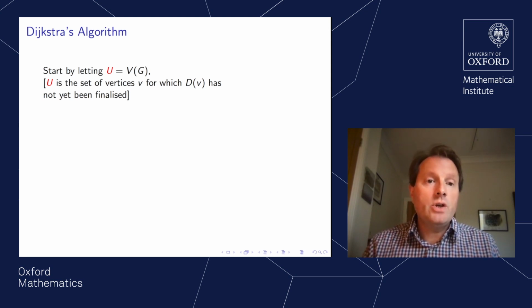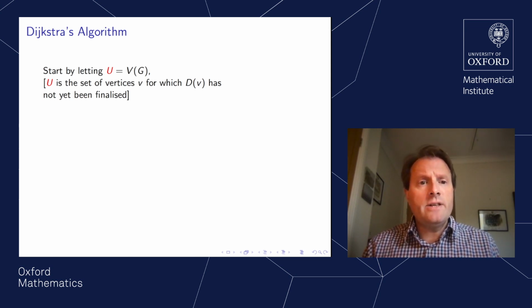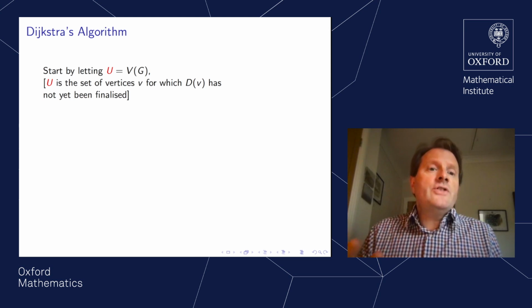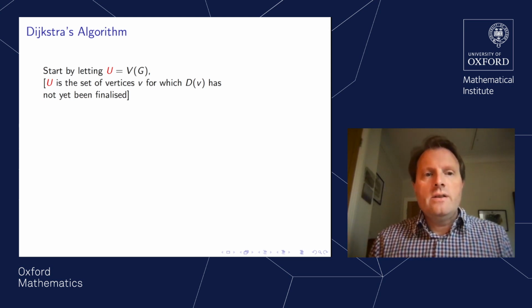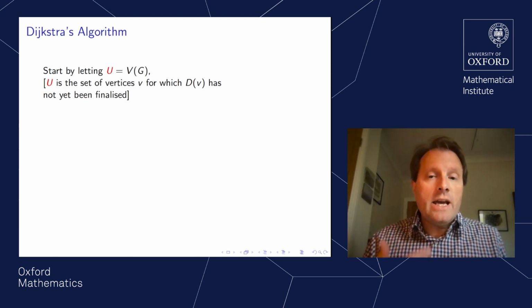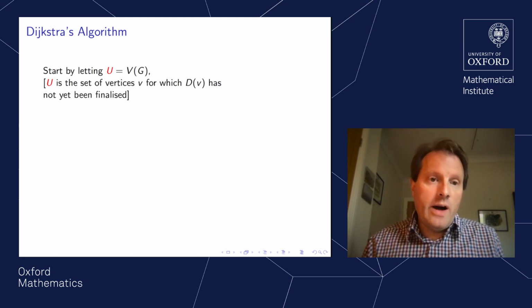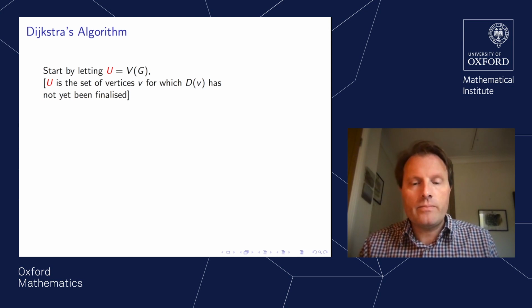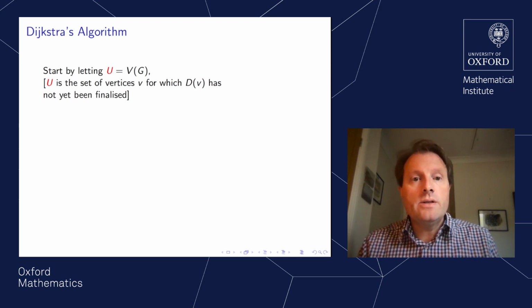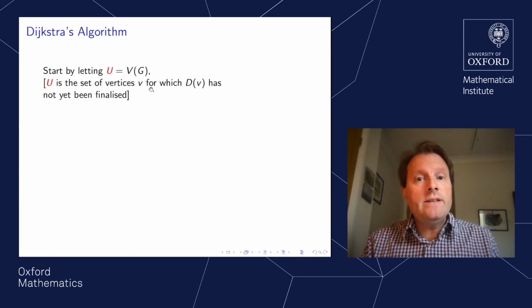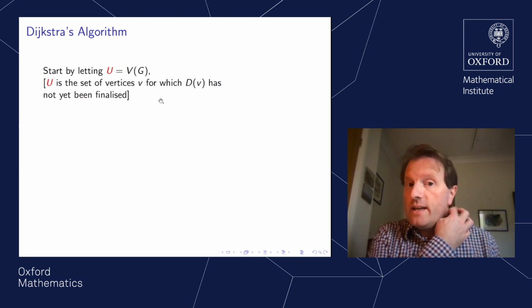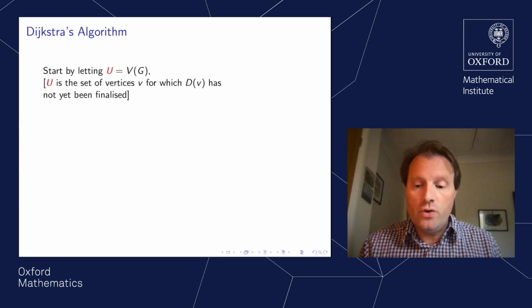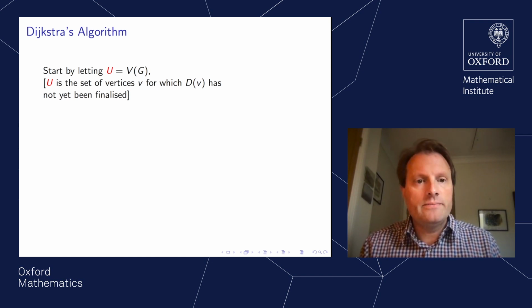In other words, you should think of it as the set of uncertain vertices, ones that we're not yet sure of what the final d value of that vertex should be. So initially, we're not sure of the d value of any vertex in our graph.